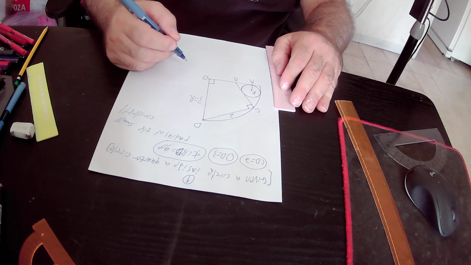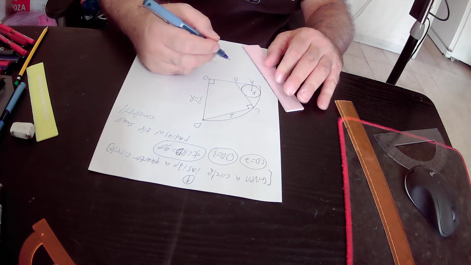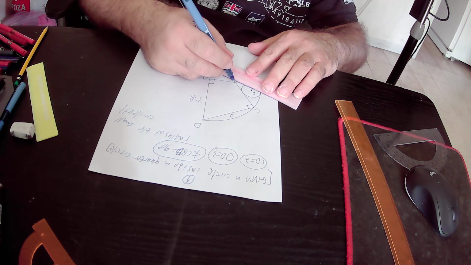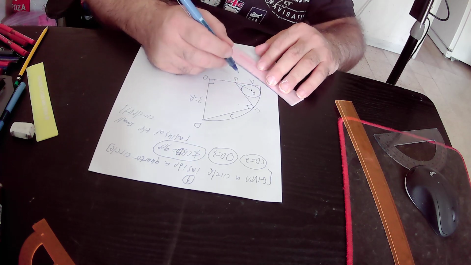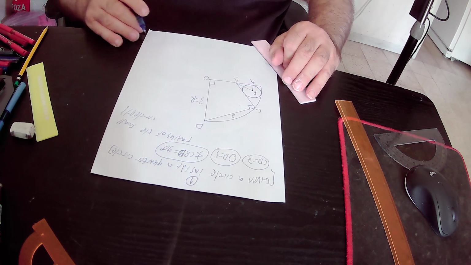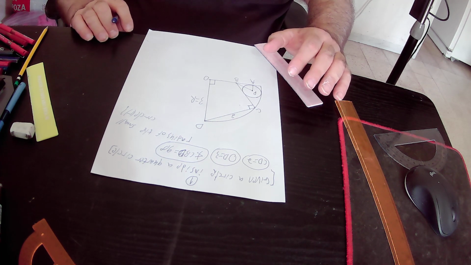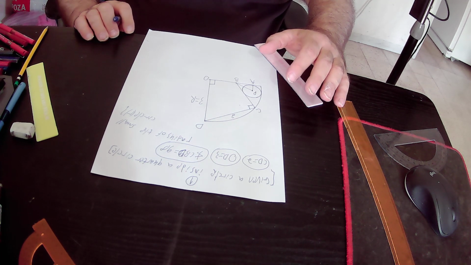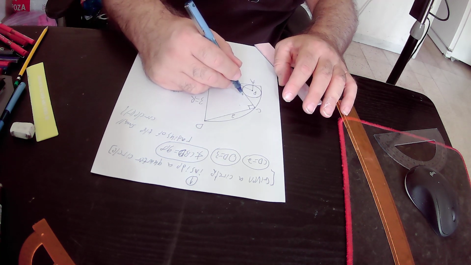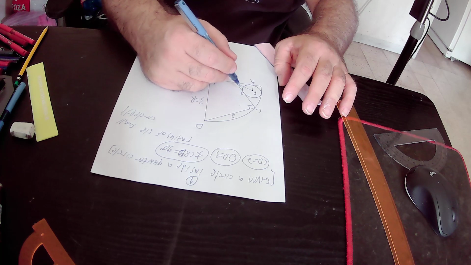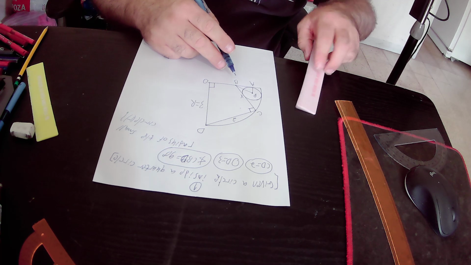We also will join points P and B by a straight line. We will define the touching point between CB and the small circle as X, and then we will join points P and X by a straight line.